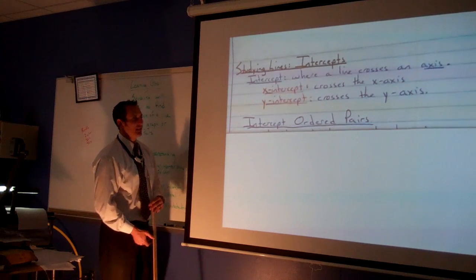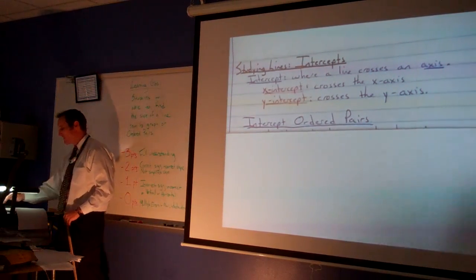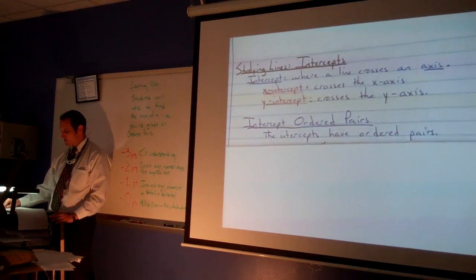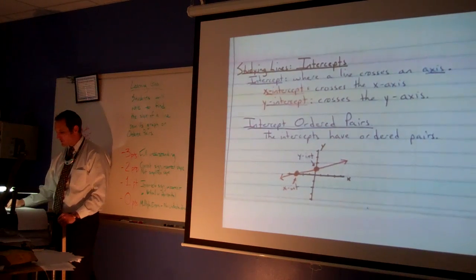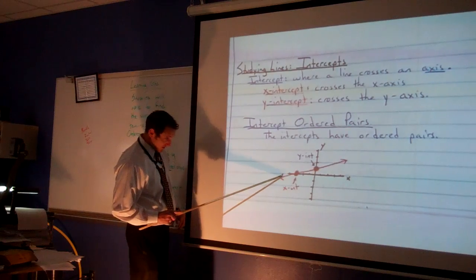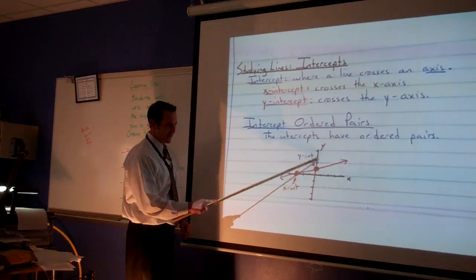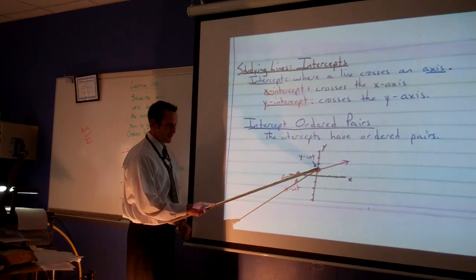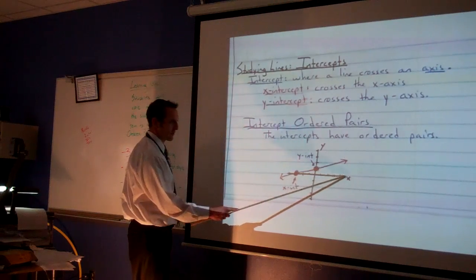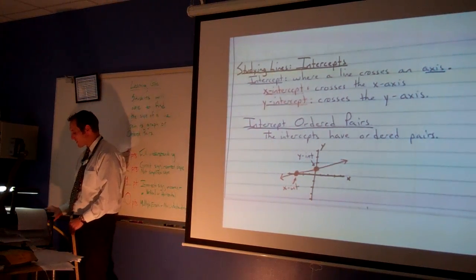And we have to know that each intercept is actually an ordered pair. This is going to be very helpful for future concepts. If you look at this example of a line, we have our coordinate plane, and here's our line crossing the y-axis. The x-intercept is where it crosses the x-axis, and each of those points is an ordered pair.